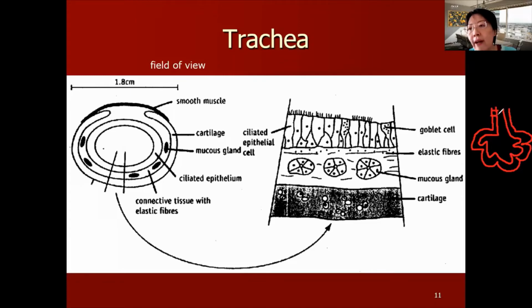If I want to draw the cell, because this is facing the lumen of the airways, I don't call these cells epithelial cells, because they are cells of the mucous gland, right? But the cells can be cuboidal or columnar, depending on how big the tube is. If the tube is very big, the cells are columnar.